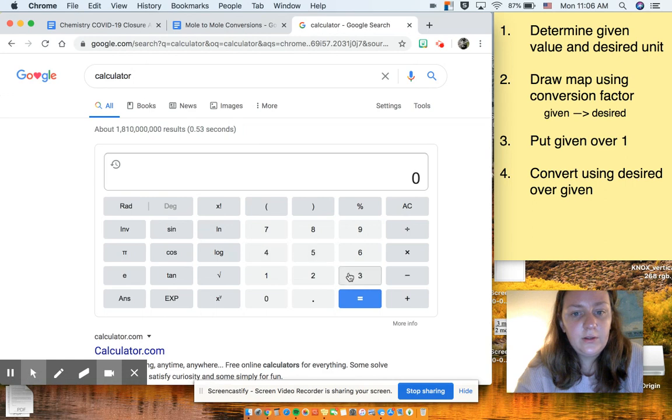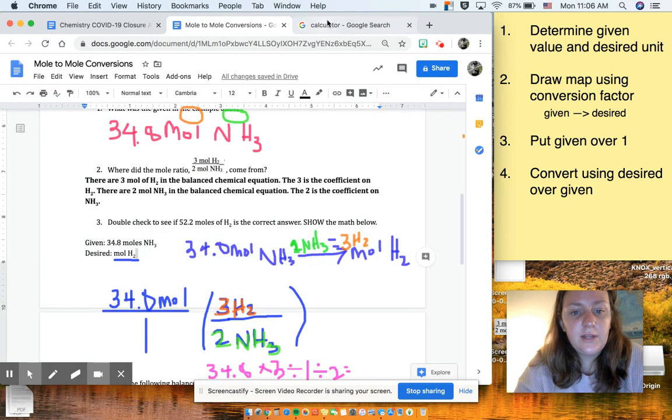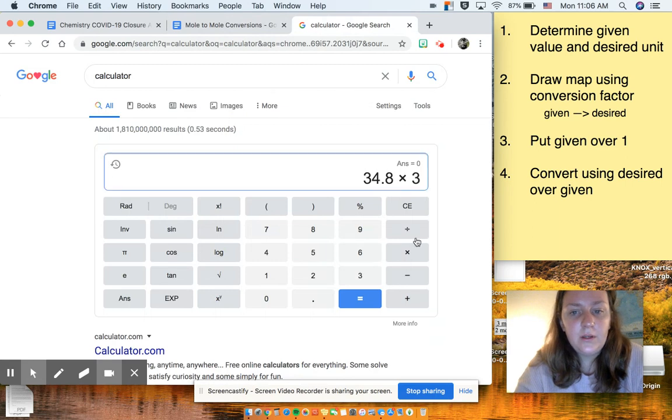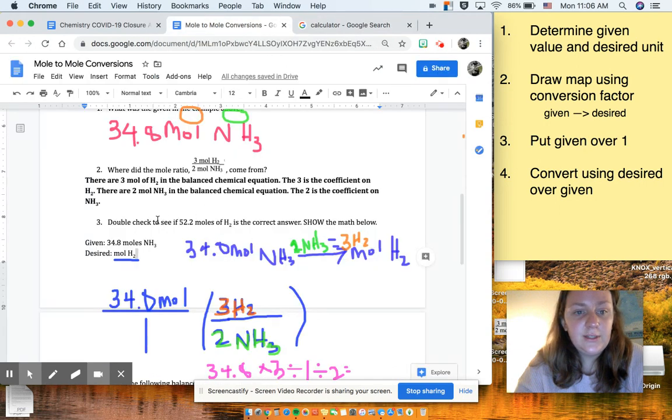34.8 times 3 divided by 1 divided by 2. And that gives us 52.2, which, double check to see if 52.2 is the correct answer. So it looks like either we did something right or they did something right, or both.